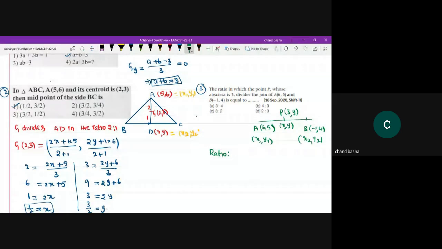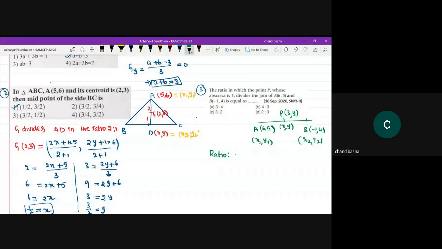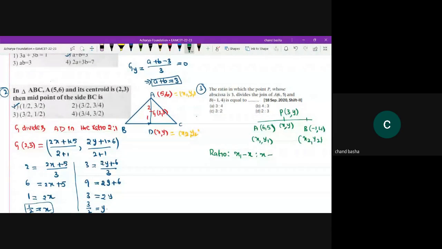It is x1 minus x is to x minus x2, or whenever y coordinates are given, y1 minus y is to y minus y2. But the second one is not useful for us. I can make use of the first formula.